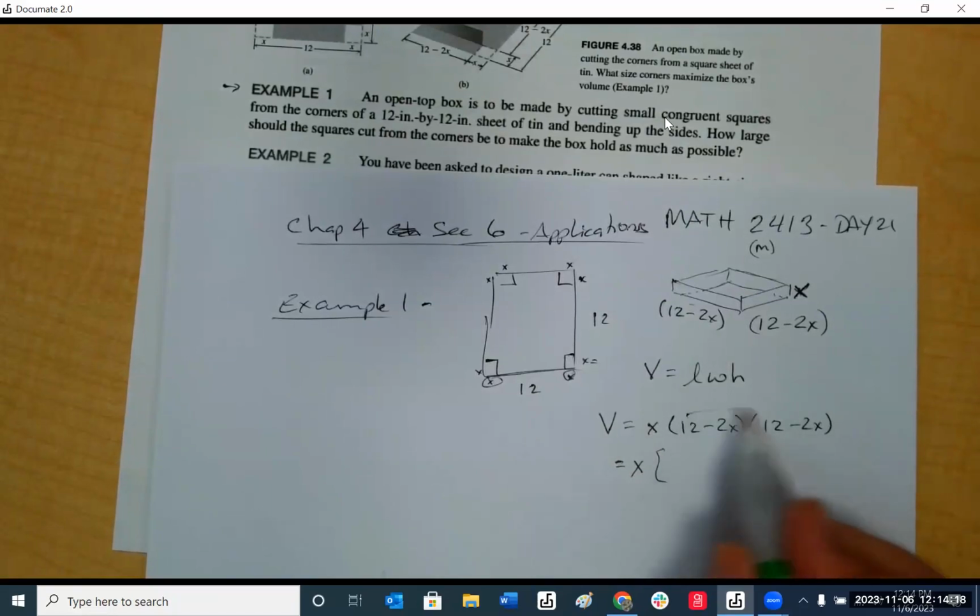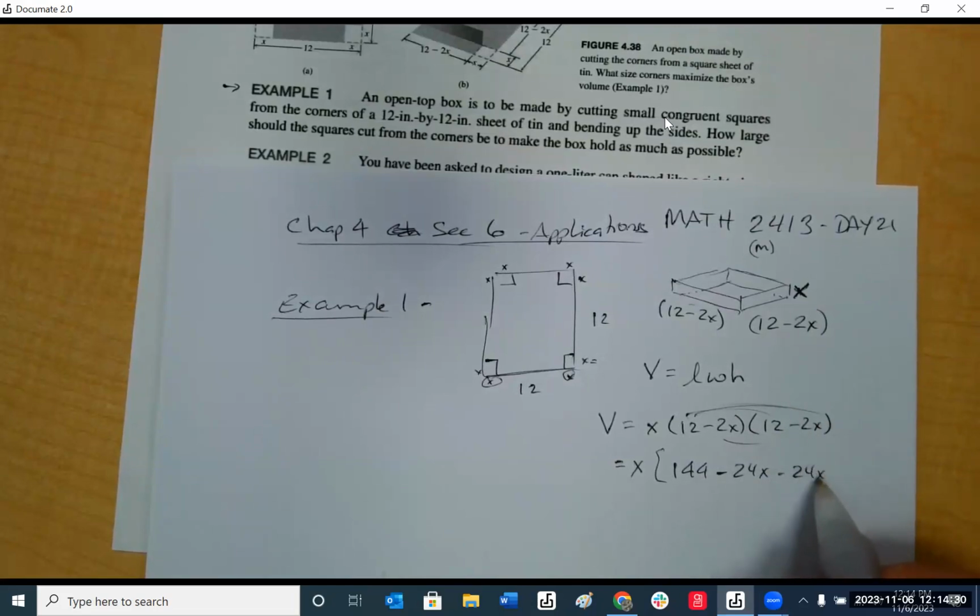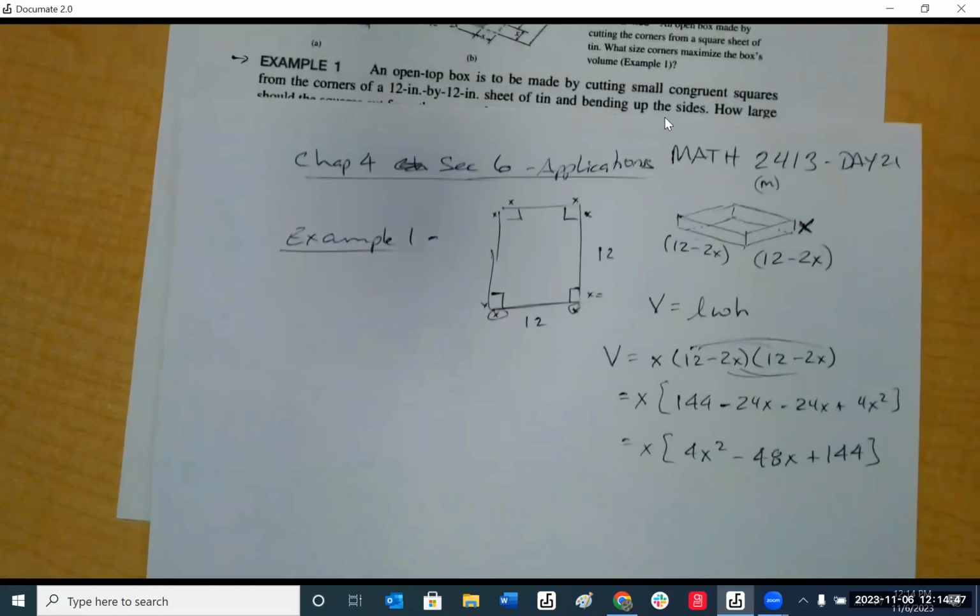So multiply these two together. 144 minus 48x plus 4x squared, which is 4x squared minus 48x plus 144.